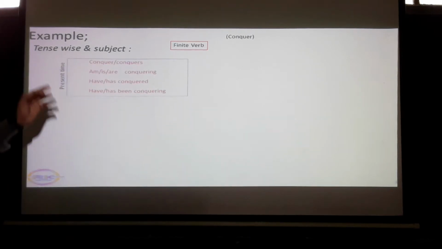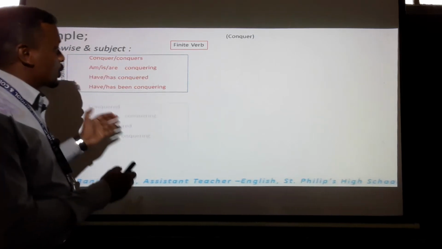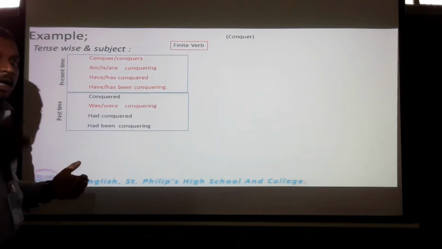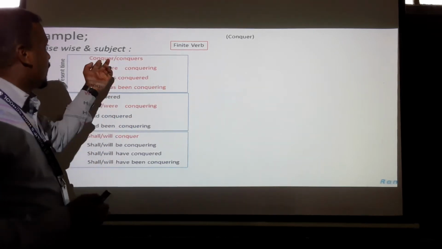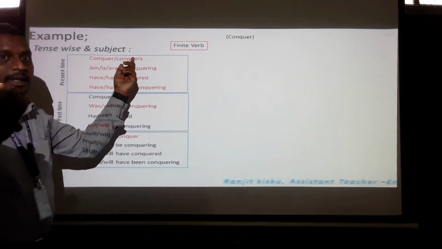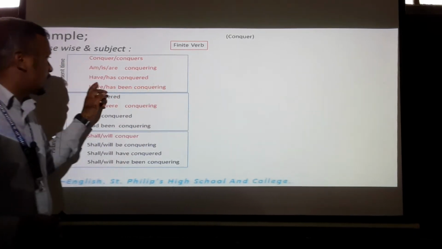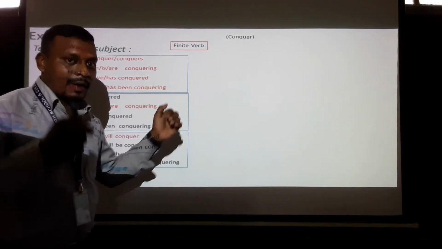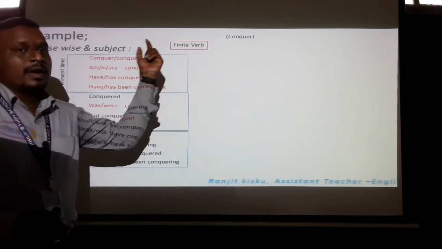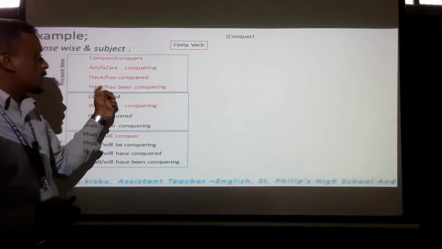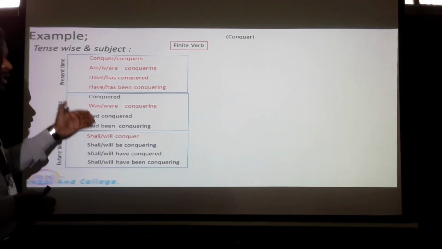Tense-wise, we got 4 changes in the present time, 4 changes in the past time, and 4 changes in the future time. So, see, conquer, conquers in the present indefinite tense, then am, is, are conquering in the continuous tense, and have, has conquered in the perfect tense. And the perfect continuous mood of the verb conquer is have or has been conquering. Got it? So all the same, we have just changed the time.